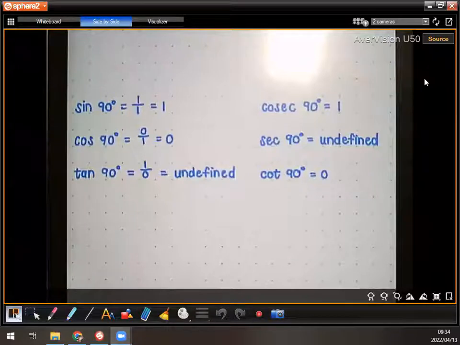Because that doesn't be good. There's no answer. How can you divide it by 0? It's not that the answer doesn't exist, it's that the thing you divide by doesn't exist.